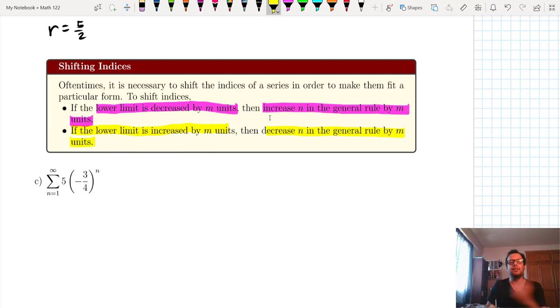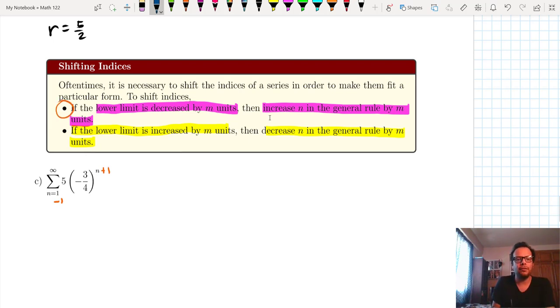Okay, what does that mean? For example, our goal is to have our lower limit start at 0, but we have a 1. In this case, we would need to subtract 1 in the lower limit in order to get that done. But if we decrease 1 in the lower limit of the summation, we have to add 1 to n in the general rule, which is described by the first rule.